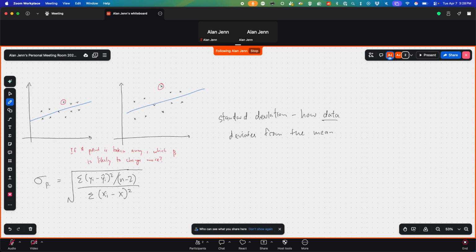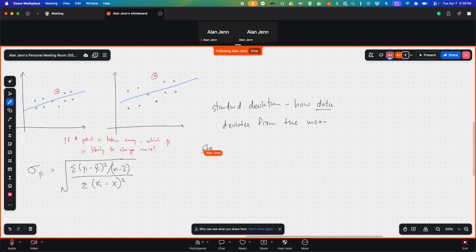That is different from what we are talking about, which is the standard error, which is how precise is our estimate of the mean.